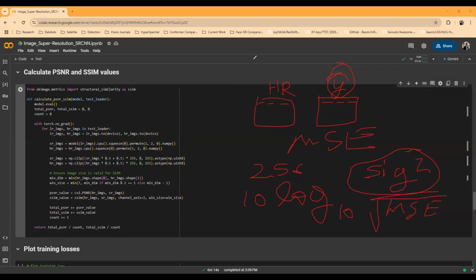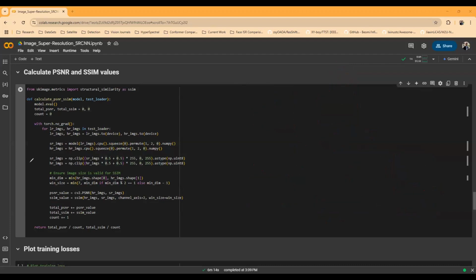So PSNR gives you a picture of how well we are minimizing the error, or how close the predicted output is to its HR counterpart. Similarly, for structural elements, suppose we have an image with an object, and while reproducing the image, some element got tilted, some hand got tilted, or some object got deformed.